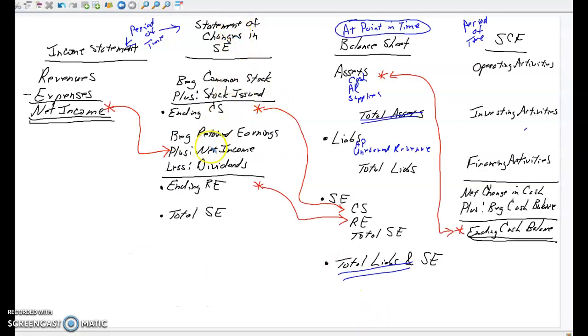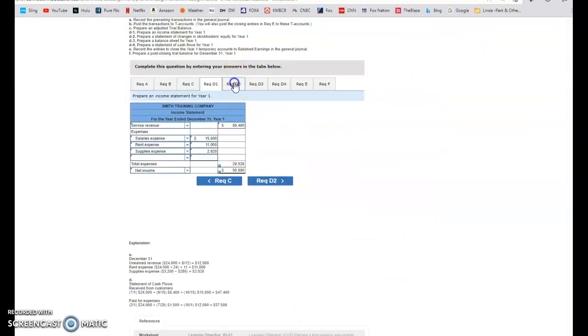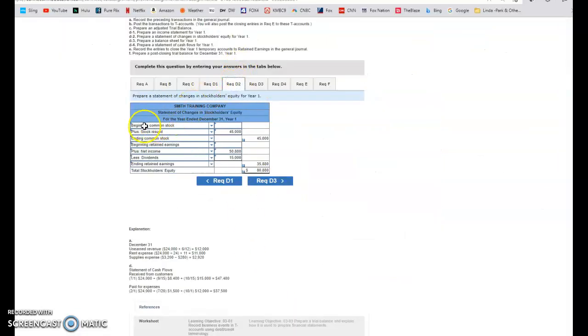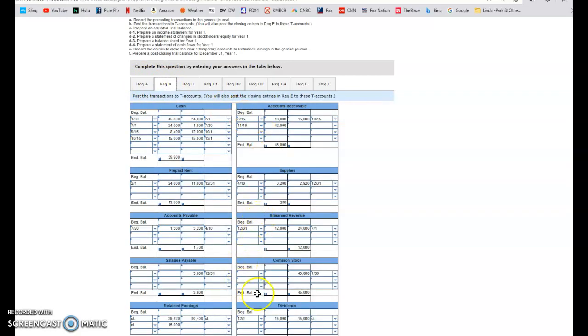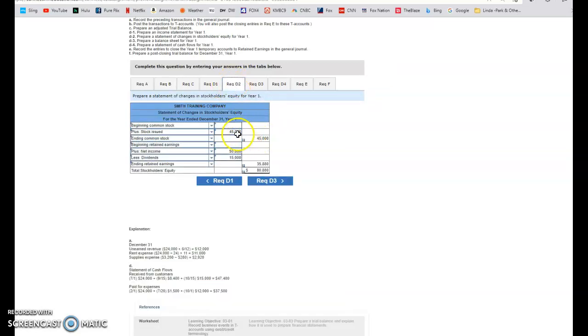All right, next one, statement of changes. So let's go look at what we will be doing. We have beginning common stock. I'm actually going to have to go back and look at the stock account. I'll have to go back to the ledger and see that we issued $45,000 to get that on the financial statement, 45, and the ending balance is 45,000.